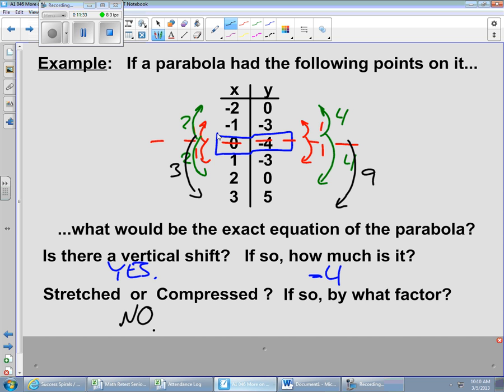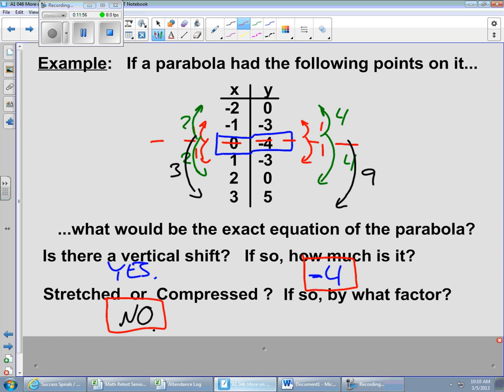So what we just discovered is this. There is a C value. It's -4. There is not any change in the A value. What's the A value supposed to be? How many x squareds do we have in the parent function?